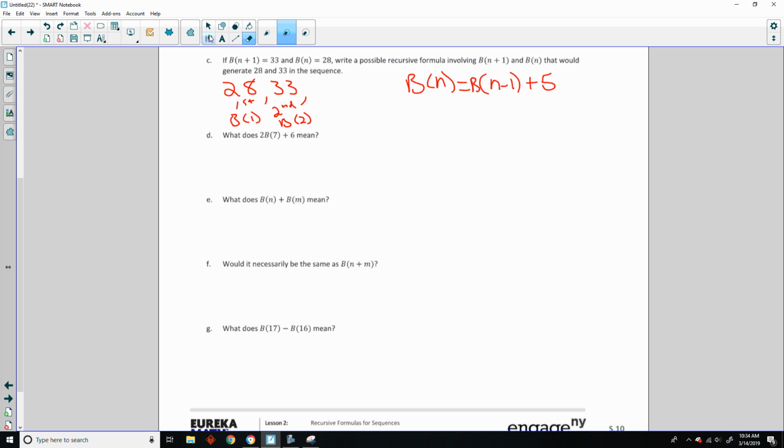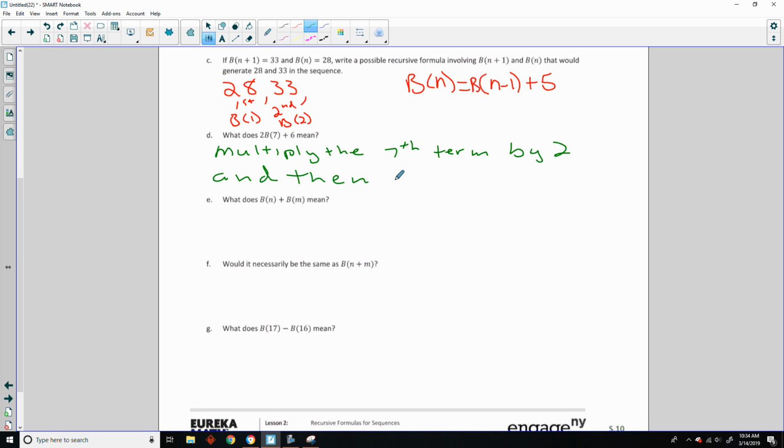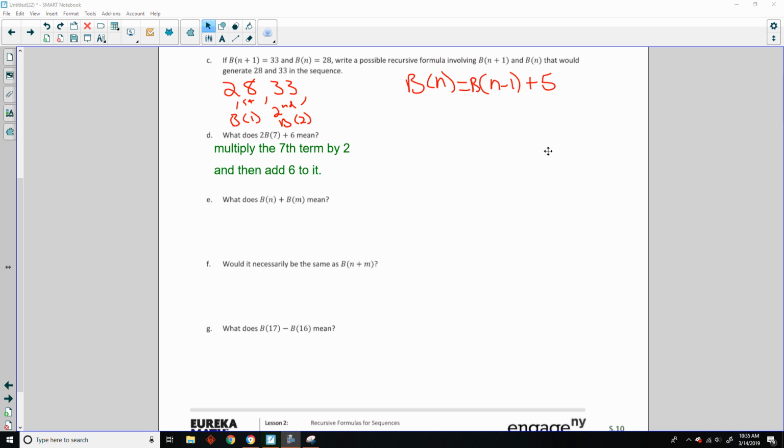Part D says, what does 2 times b of 7 plus 6 mean? Okay, so what that means is multiply the seventh term by 2 and then add 6 to it. Okay?